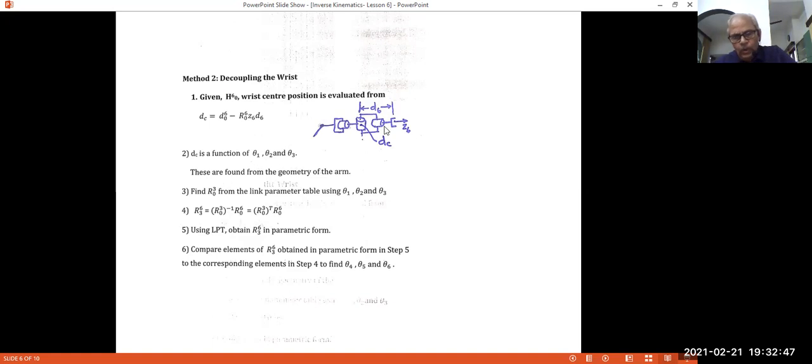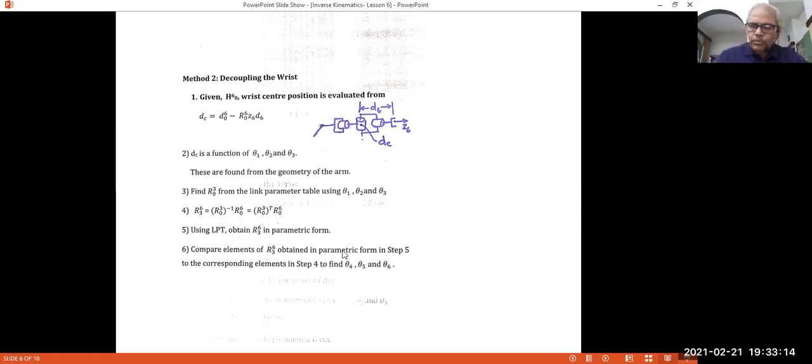That is the rotation matrix corresponding to these three. And from our link parameter table, we can obtain this rotation matrix corresponding to the last three links, so that's in parametric form. Those elements you compare with these numbers available to you, and by choice of proper elements, you will be able to find out theta 4, theta 5, and theta 6.